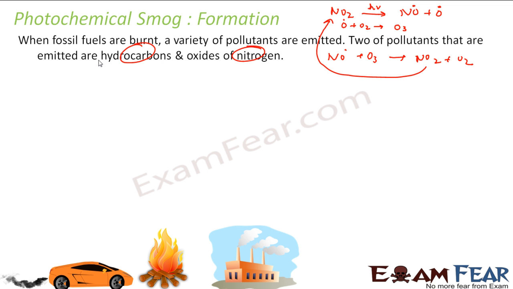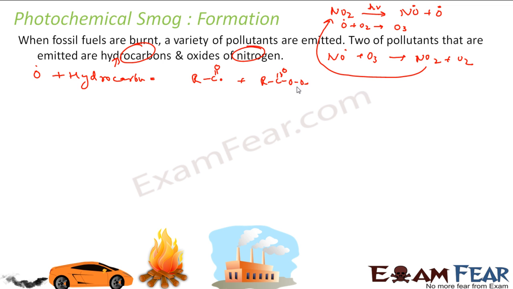But the moment you put hydrocarbons in this, the unsaturated hydrocarbons from the unburned fuel, it causes a problem. What is the problem? This O free radical reacts with hydrocarbon and forms substances like RCO, or it forms RCOO free radical.